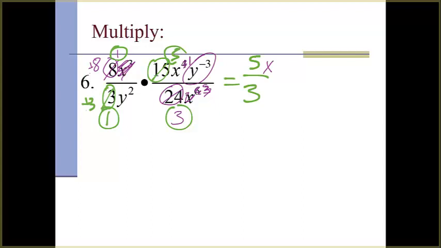Remember, with this, you can do the top bunk, bottom bunk rule and bring this down to the bottom here. And then you add these exponents, you get y to the 5th. Anytime you have a negative exponent, you want to bring it down to the bottom or to the top, depending on where it's at. But notice I am doing this significantly quicker than what I did in first semester, because this is something I'm expecting you guys to know how to do with a little bit of practice.